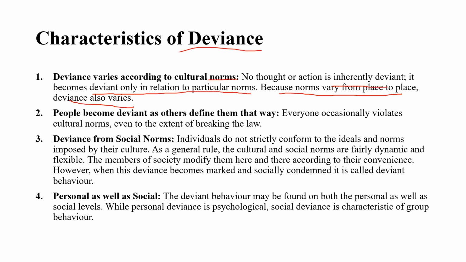Second, people become deviant as others define them that way, right? These are socially developed ideas about whether something is deviant or not. How others define it matters, and this definition gets stronger and stronger as more generations give it acceptance. Everyone occasionally violates cultural norms, even to the extent of breaking the law, right?